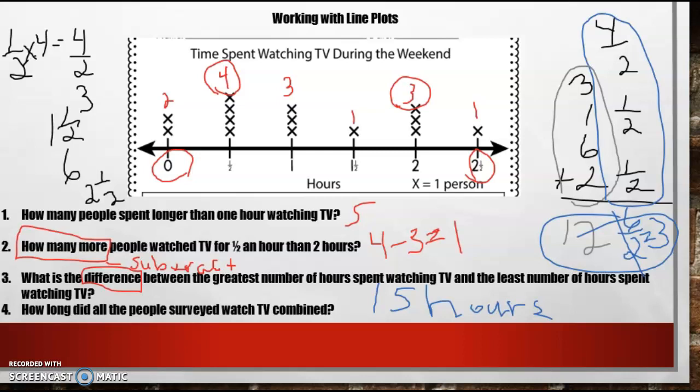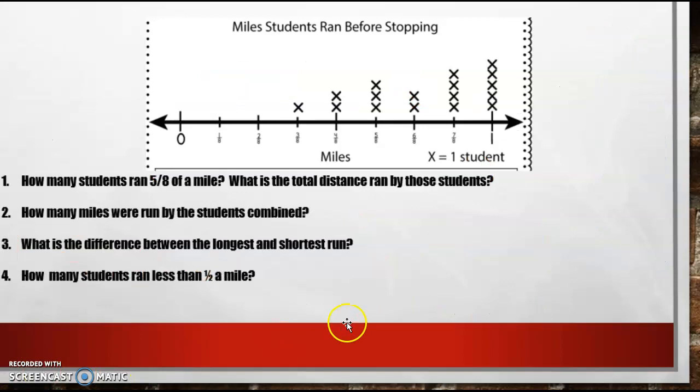All right, so again, we are taking all the things that we learned about fractions, and now we're applying it to our line plots. All right, let's look at another line plot. Let's look at our title. So our title is Miles Students Ran Before Stopping.